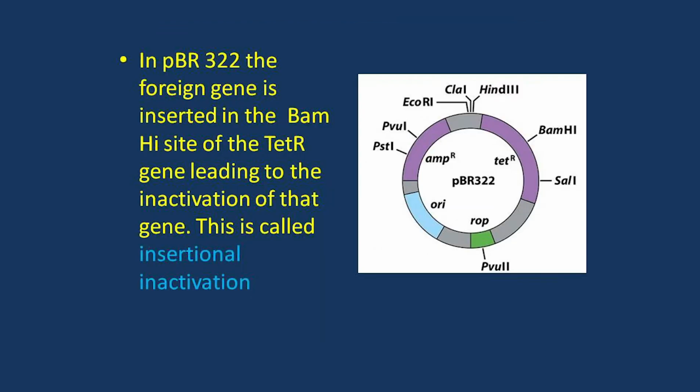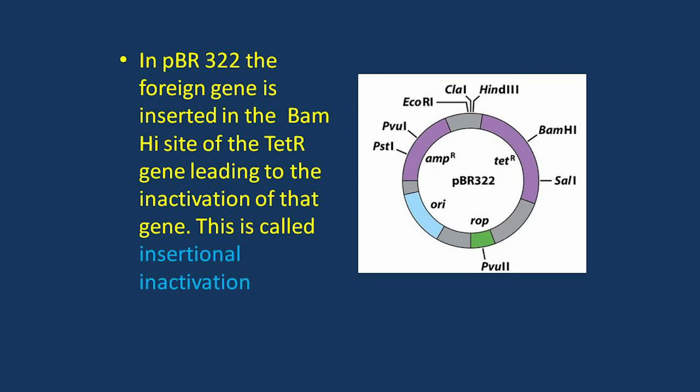Now, in pBR322, we usually insert the foreign gene inside the tetracycline resistance gene. BamHI is a restriction endonuclease that cuts inside this gene. BamHI is obtained from the bacterium Bacillus amyloliquefaciens. When the gene is inserted inside the tetracycline resistance gene, the tetracycline resistance gene becomes inactive.